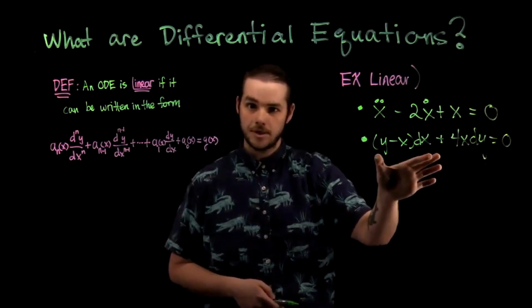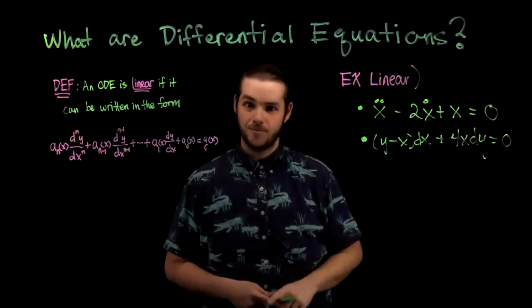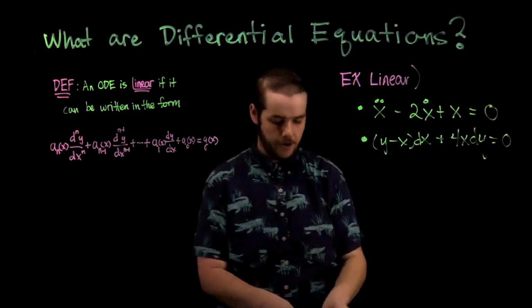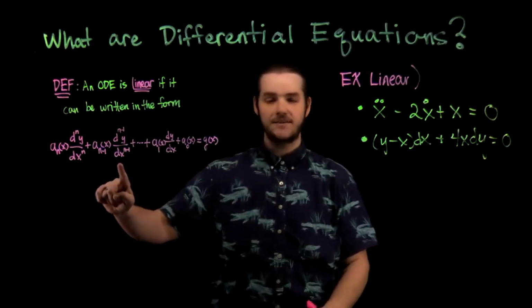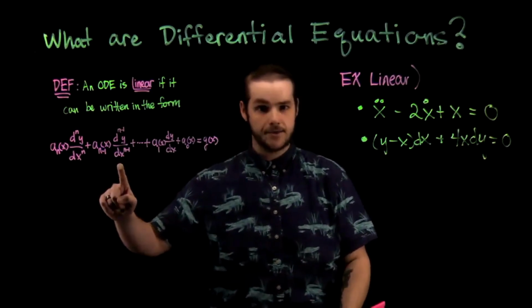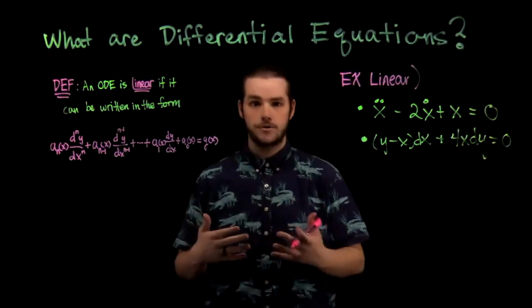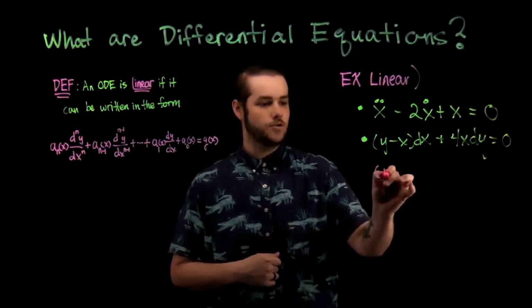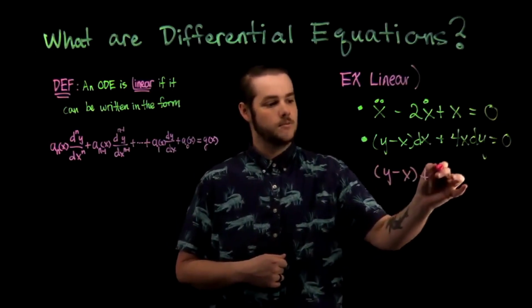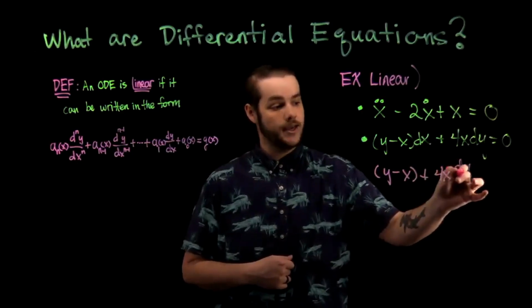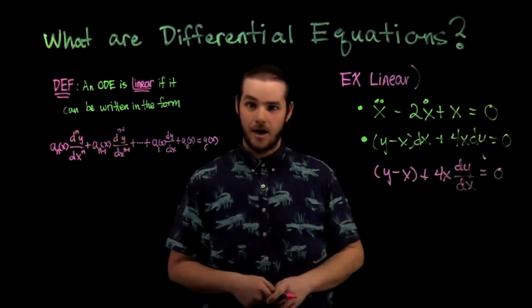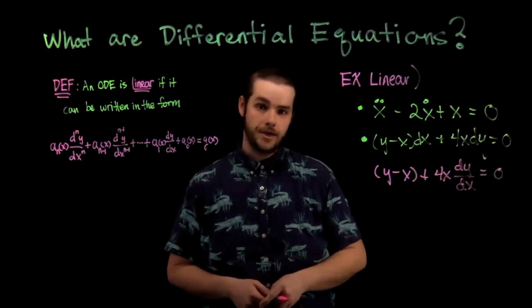This piece looks a little iffy, though, because I have a y in the coefficient. However, remember, this is just if the coefficients of dy/dx involve those independent or dependent variables. So if I rewrite this equation as y minus x plus 4x dy/dx equals 0, it's a little more obvious now why this is linear.